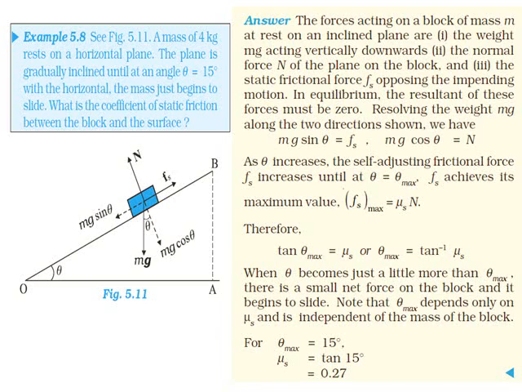Again, writing the balancing equations, mg sin theta will be equal to fs and mg cos theta will be equal to N. As theta increases, the self-adjusting frictional force increases up to theta max, and at this value fs max will be equal to mu s N, and you know that tan theta max equals mu s, so theta max will be equal to tangent inverse mu s. The value of theta max is 15 degrees, so mu s will be equal to tan 15, and that will be 0.27.